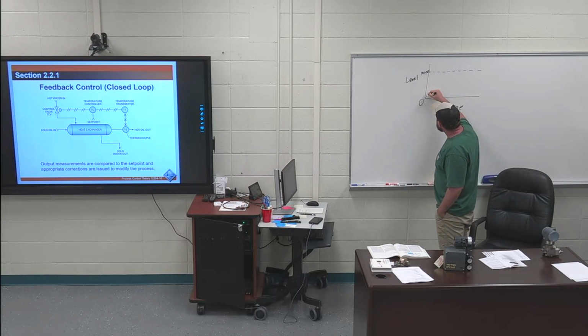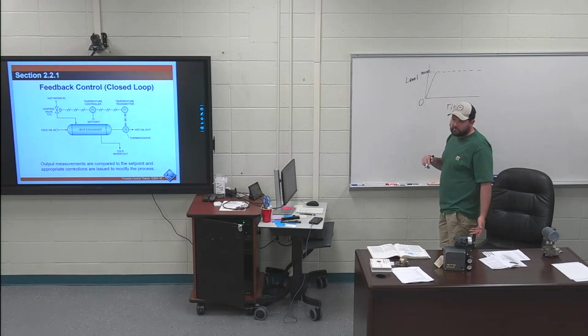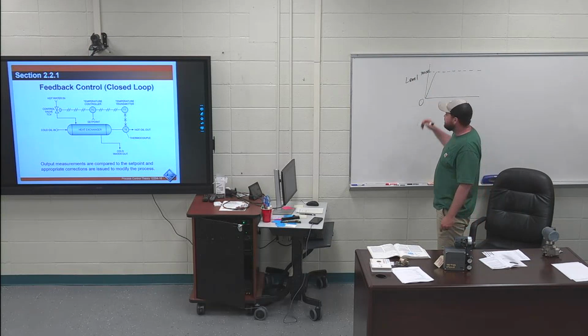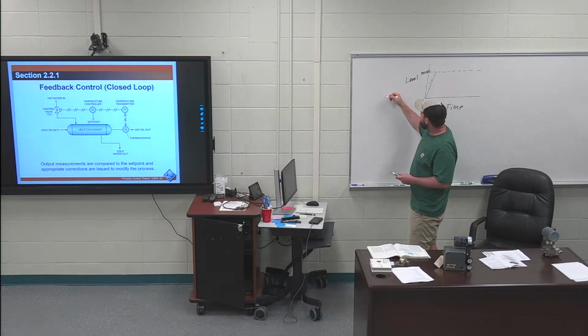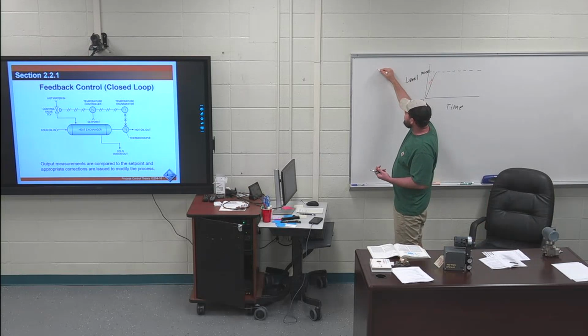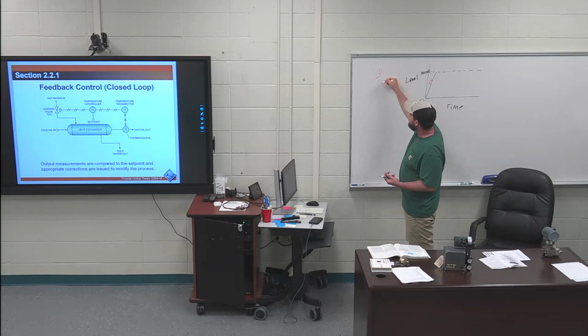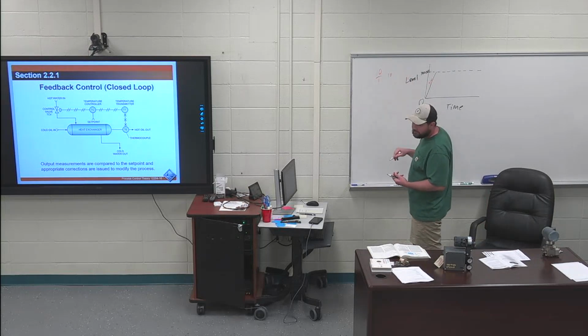So that's going to go up like this, and however fast, they're going to talk about gain in this. Anybody remember gain from high school? Gain is your rise over your run. So say my first number is pretty big, like 10, and then my run is 1, that's a gain of 10.